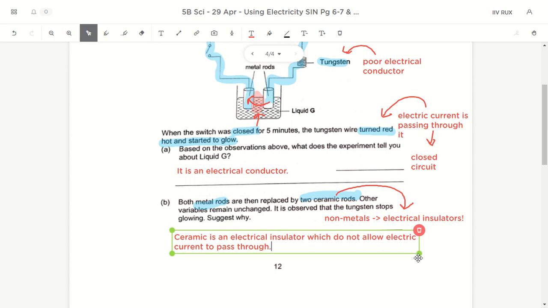It doesn't allow electric current to pass through. So it will be an open circuit because there's a gap there now, and no electric current will flow through the bulb. Not through the tungsten wire.